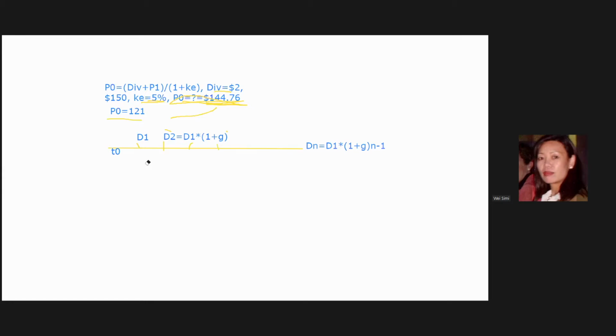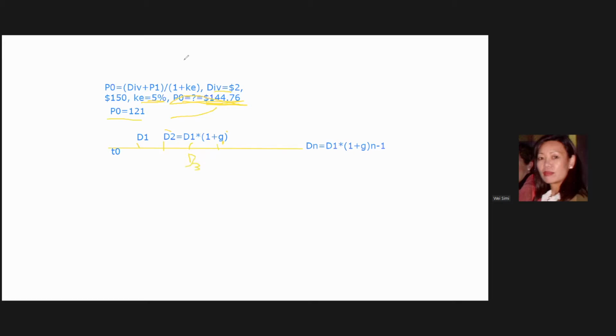Let's say the company grows in this way: in the first 2 years, they have one growth rate, so that's G1. So 1 period, 2 period, that's 1 year, 2 year, okay? After that, at D3, they're going to grow at a different speed.